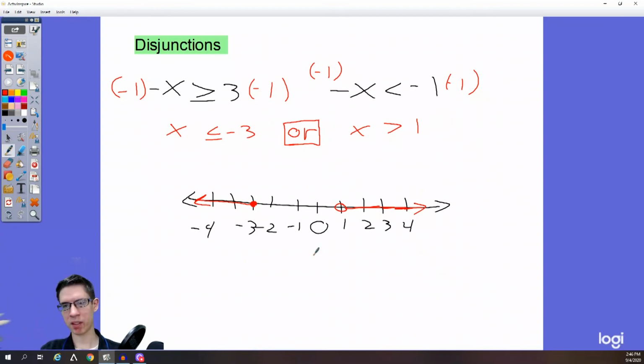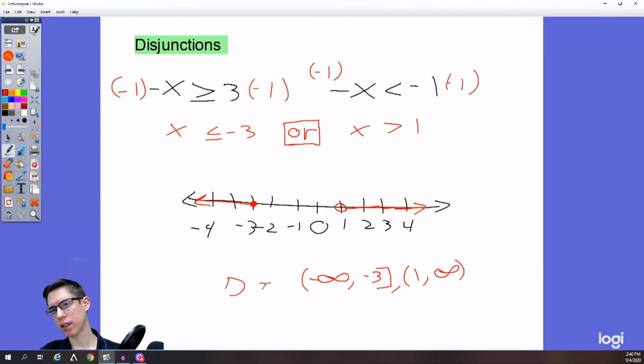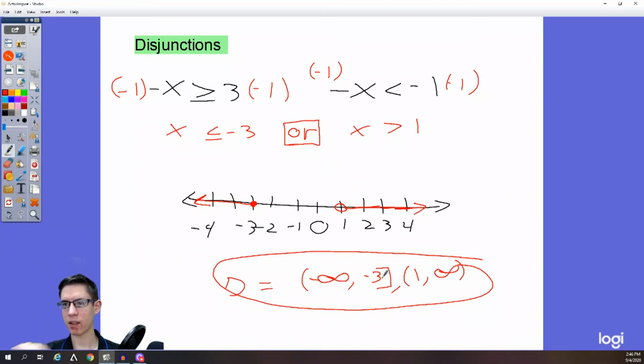You might be wondering, well, what's the interval notation going to look like for this? Well, it'll look like this. Negative infinity all the way to -3, bracket, and we have to include 1 to infinity. And we might say domain equals to illustrate that this is the domain for our x.